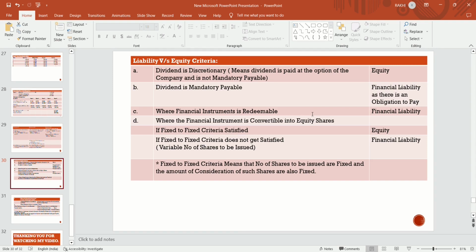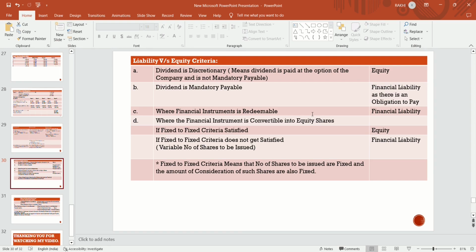Dividend: if the dividend is discretionary, meaning not mandatory, and it is at the management's decision whether it will be payable or not, then that dividend is to be treated as equity, not a financial liability, because it is at the option of the company and not mandatorily payable. When the dividend is mandatorily payable, then it will be recognized as a financial liability in the books of the issuer, because there is an obligation to pay cash.